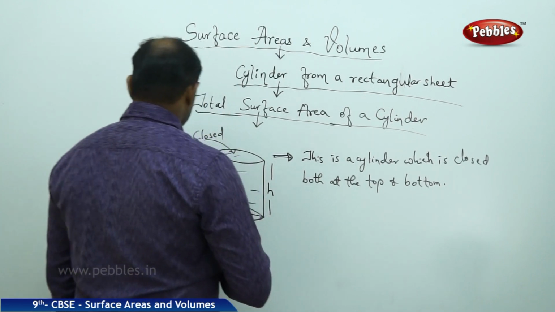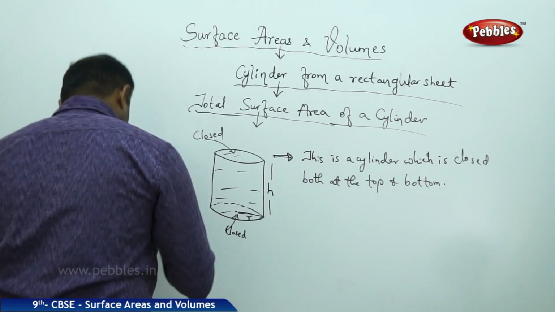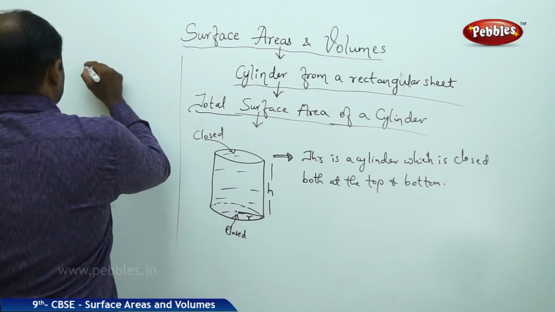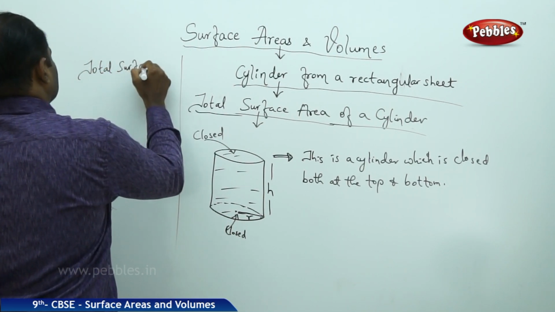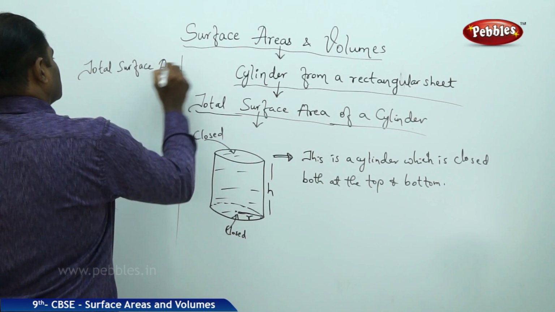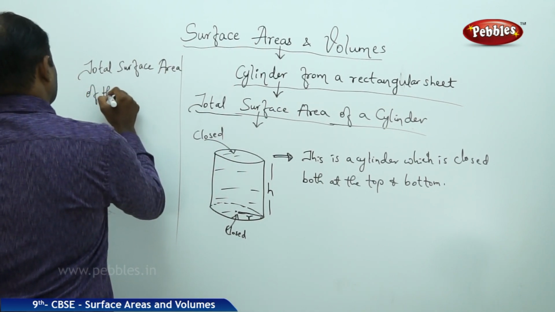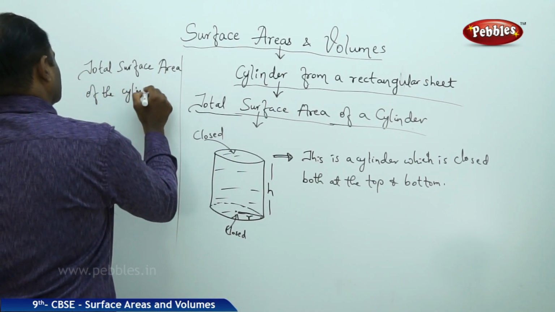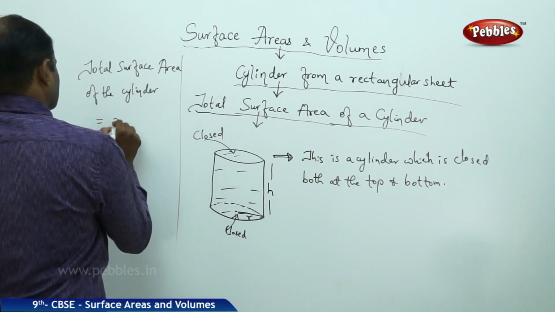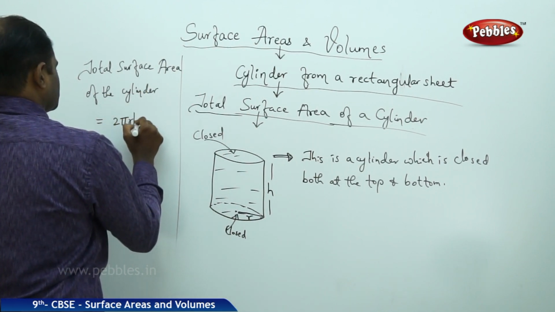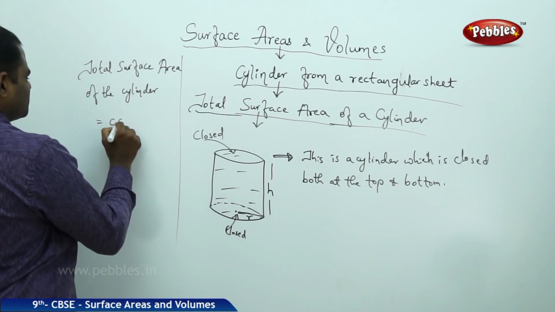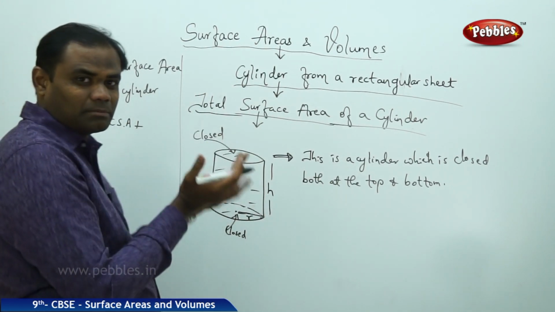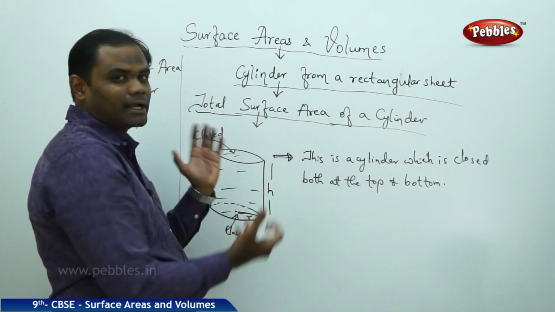So here we have the total surface area of the cylinder, which is 2 pi r h, because it is nothing but the curved surface area, which is the curved part, plus the top and the bottom.